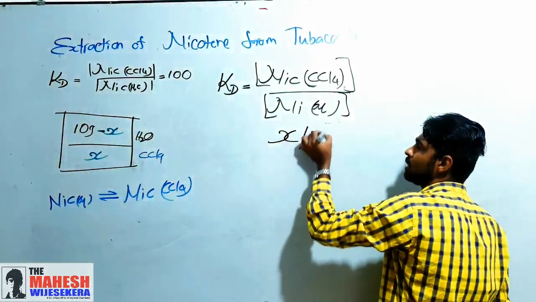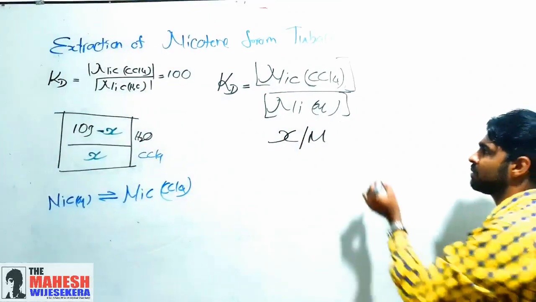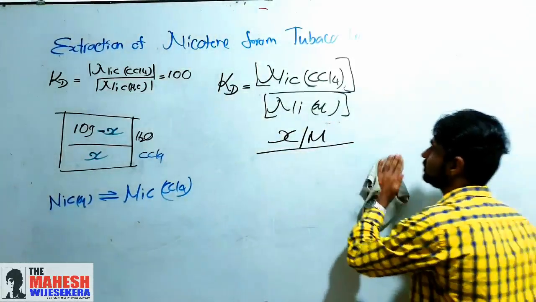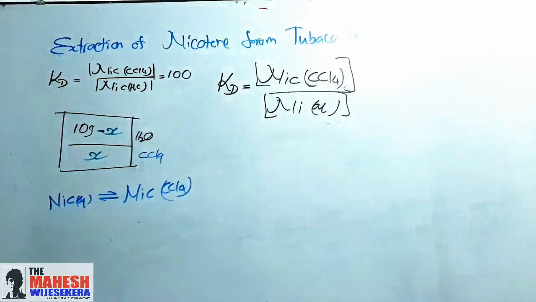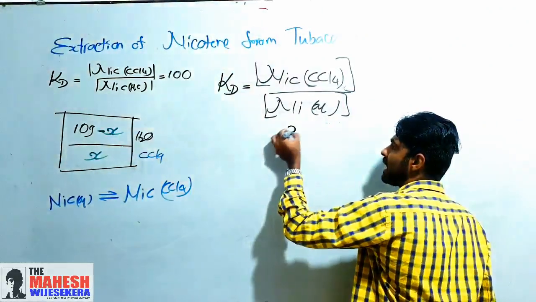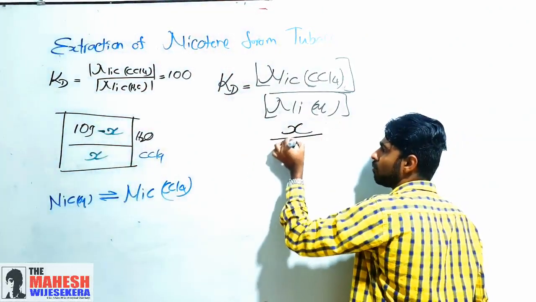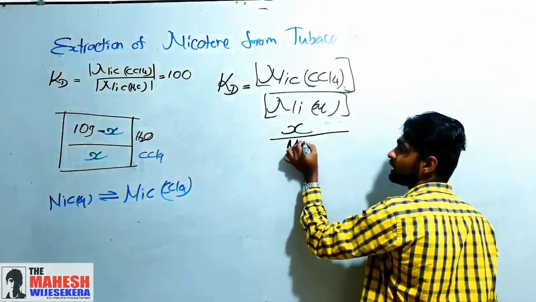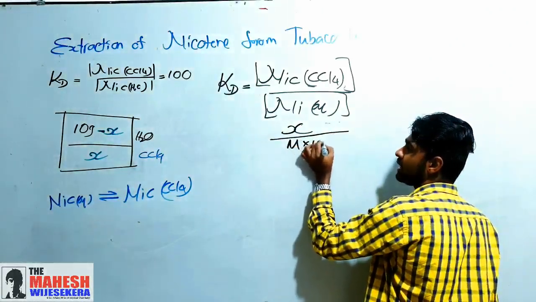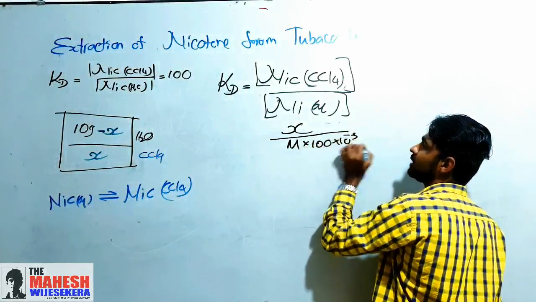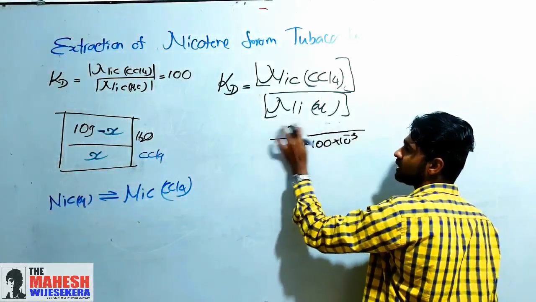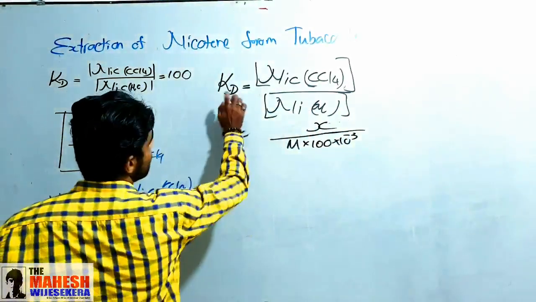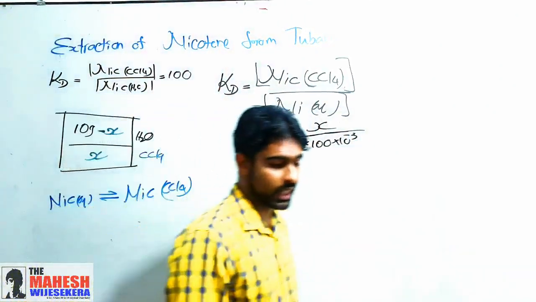Mass divided by molar mass of nicotine is the number of moles. And this is divided by volume. The volume is 100 into 10 to the power minus 3. This is the concentration of nicotine in the CCl4 layer.